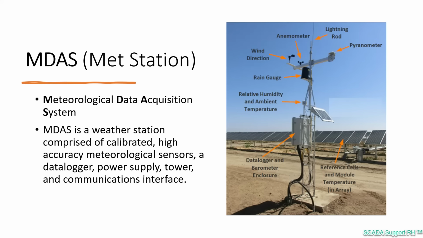We also have the back of module temperature sensor, which is mounted in the array as module temperature affects the module's performance during operations. For all those weather data to be collected, you'd have a data logger that pulls data from those sensors and transmits them back into your SCADA system.